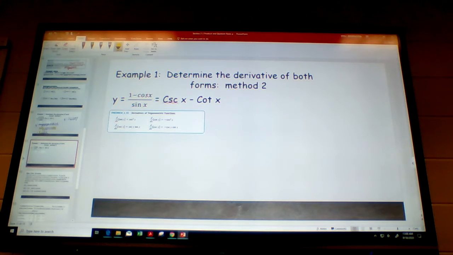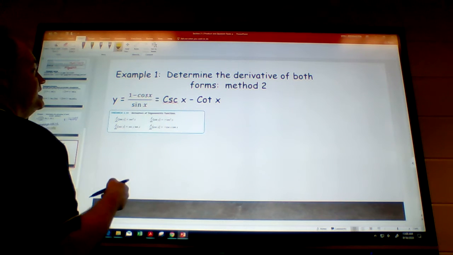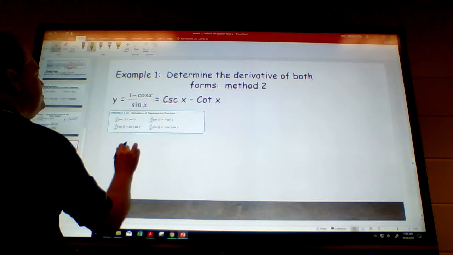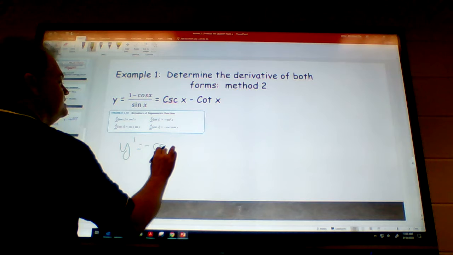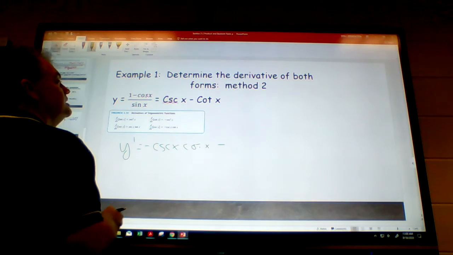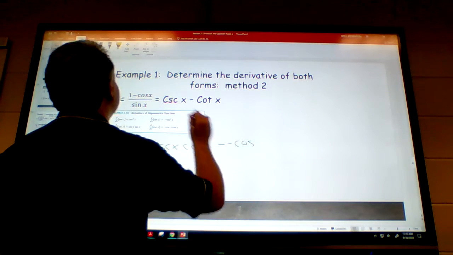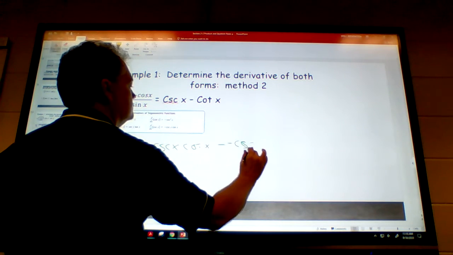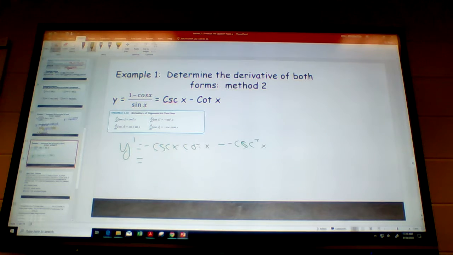Now, if I go about it this way, if I rewrote this as cosecant x minus cotangent x, because cosine over sine is cotangent, then y prime is the derivative of cosecant, which is negative cosecant x cotangent x, minus the derivative of cotangent, which is negative cosecant squared.